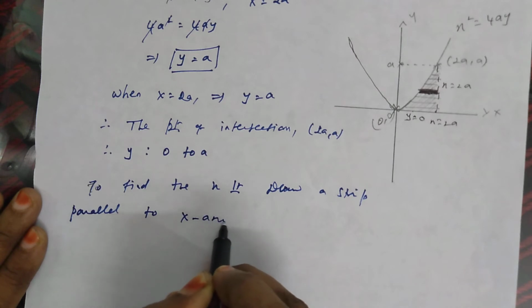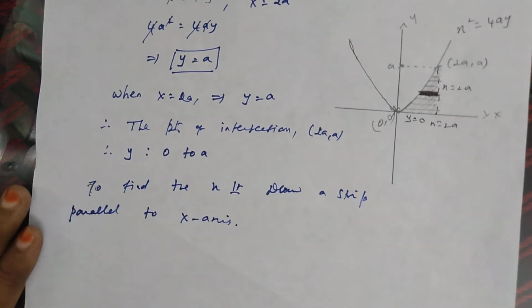So to find the x limit, draw a strip parallel to the x-axis, or otherwise we can take a horizontal strip.